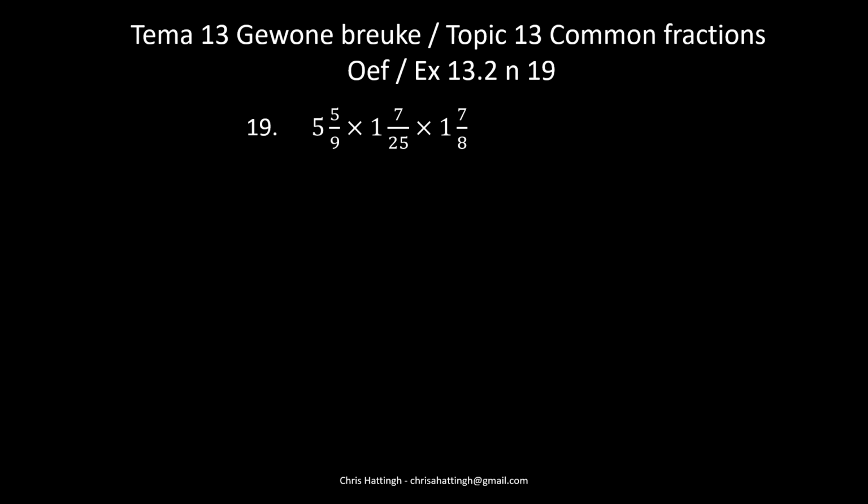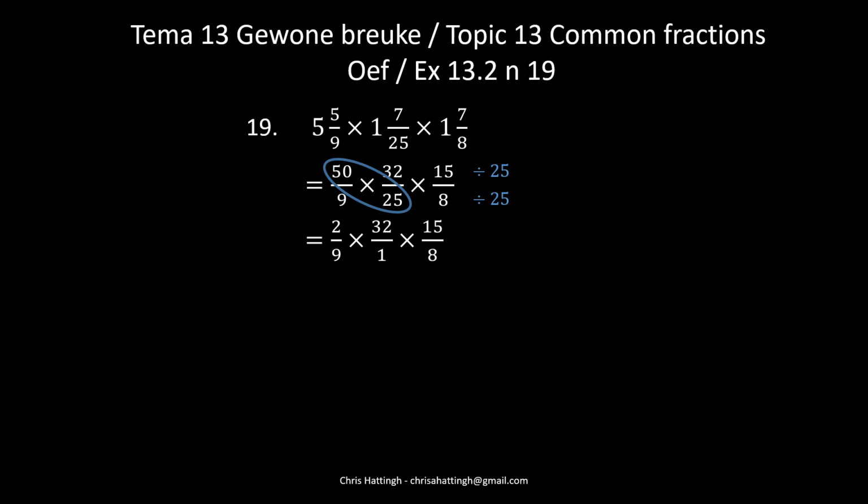Number 19, convert it to improper fractions. So it's 50 over 9 times 32 over 25 times 15 over 8. First thing, you try to simplify. If you look at the 50 and the 25, you can divide them both by 25. 50 divided by 25 gives you 2, and 25 divided by 25 gives you 1. So in the next step, you'll have 2 over 9 times 32 over 1 times 15 over 8. Now the 32 and the 8 can be simplified by dividing by 8.